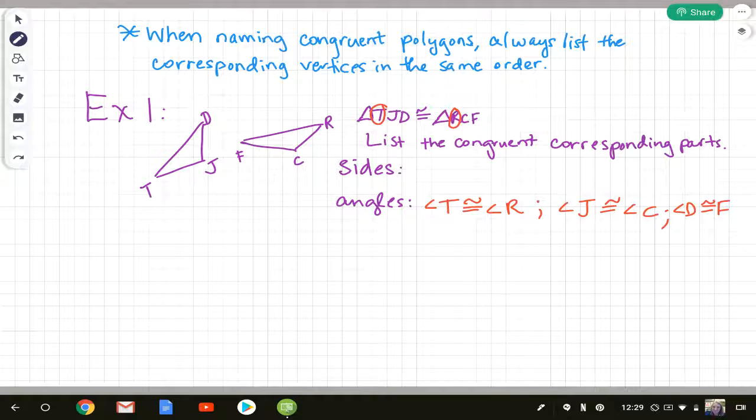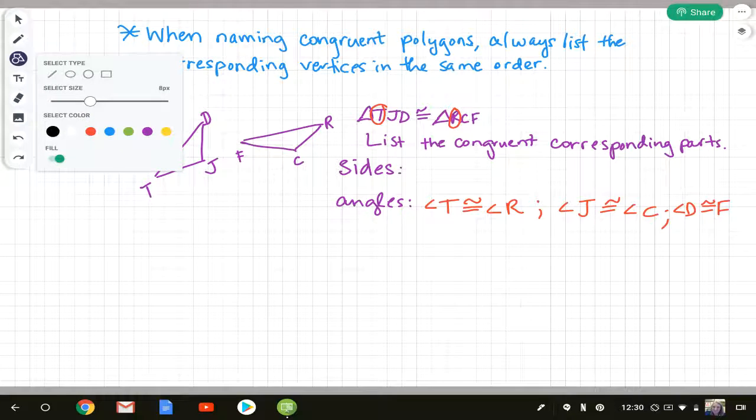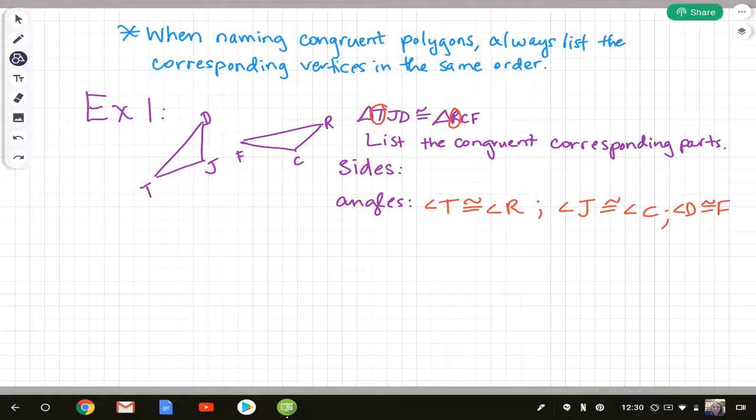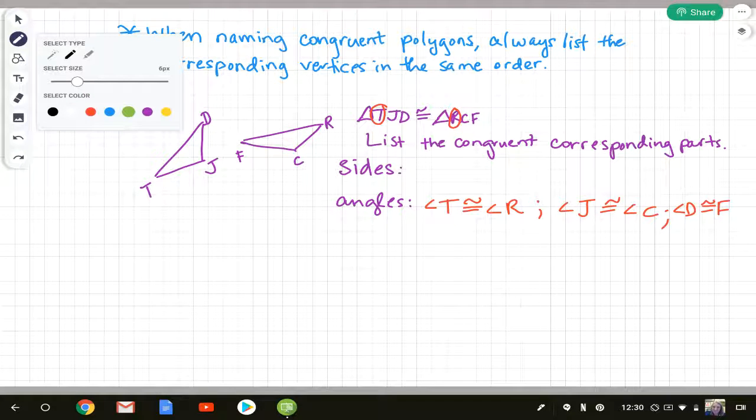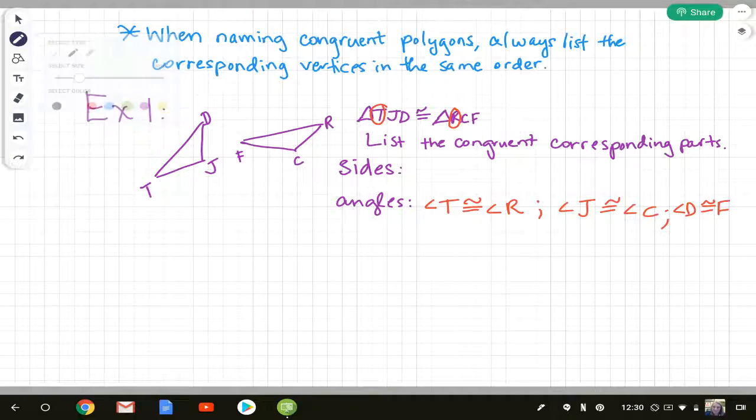So now if I look at the sides, I can also use the way that they've named. Wait, that's not what I want to do. Okay. So when I start looking for the sides, I'm going to look at pairs of letters.